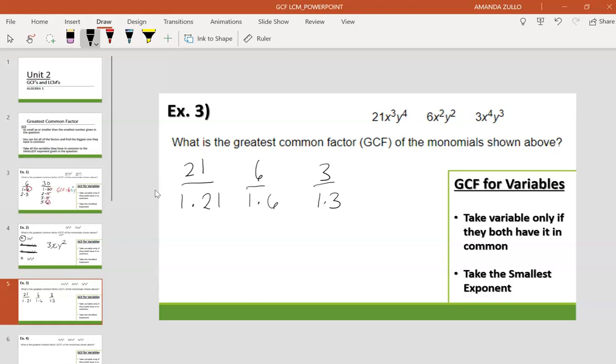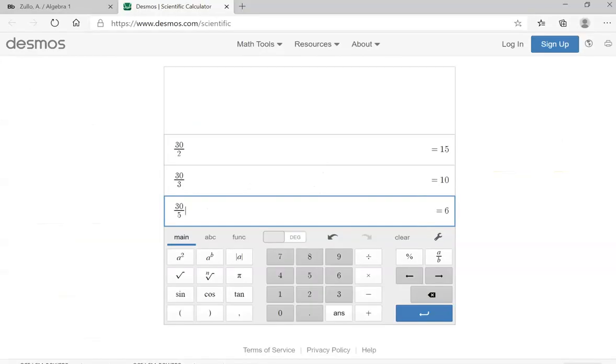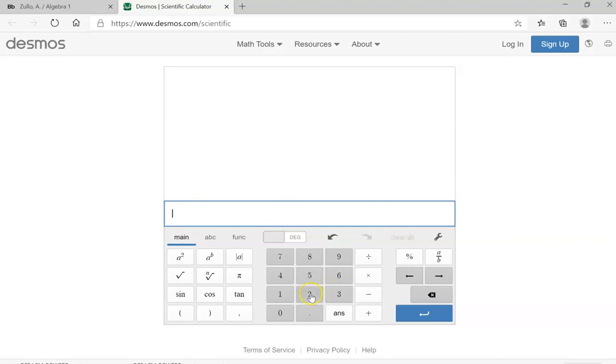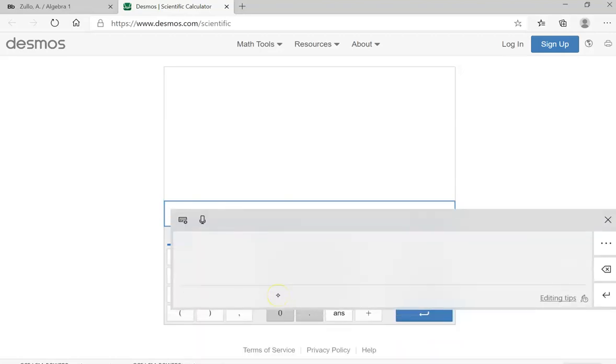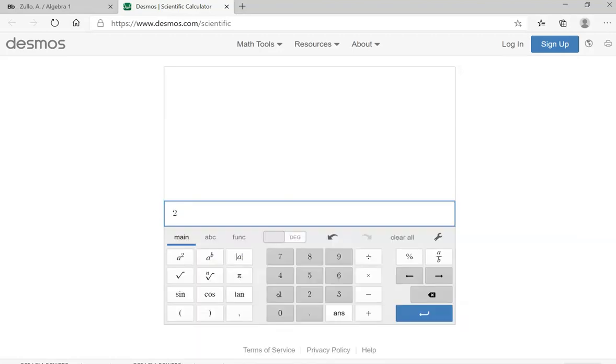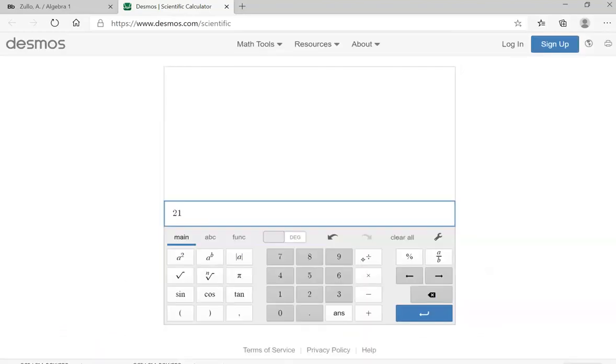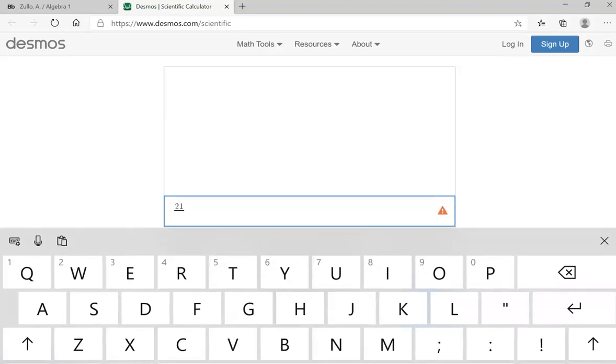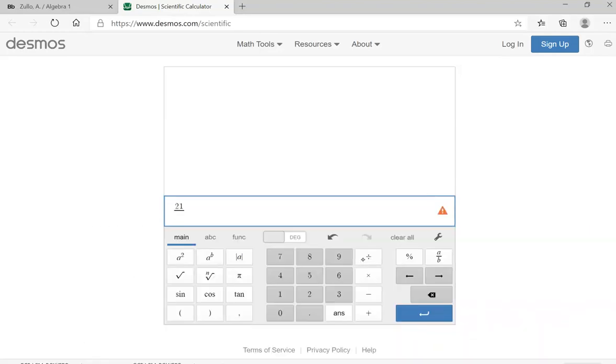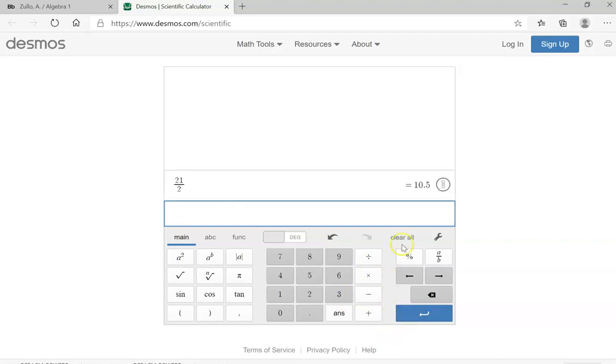All right, so let's start with our 21. So we have 21 divided by 2, and it gives us a decimal. So we don't want that.